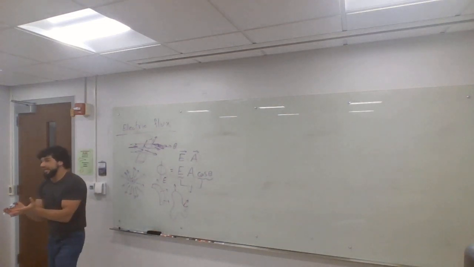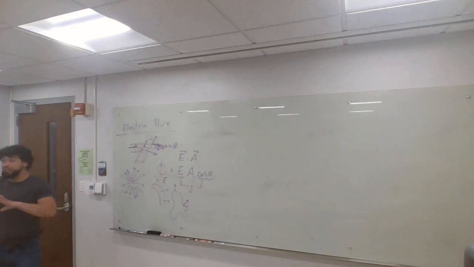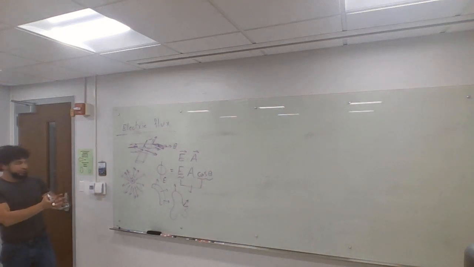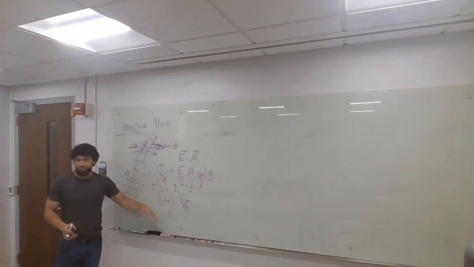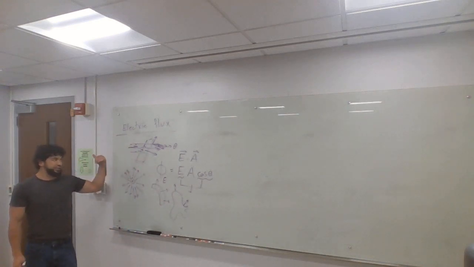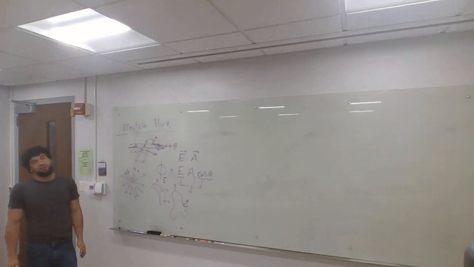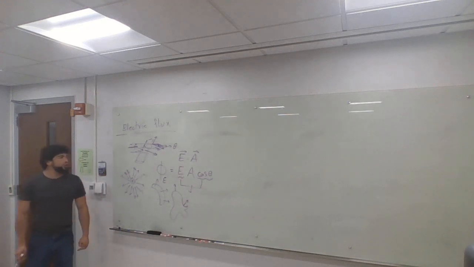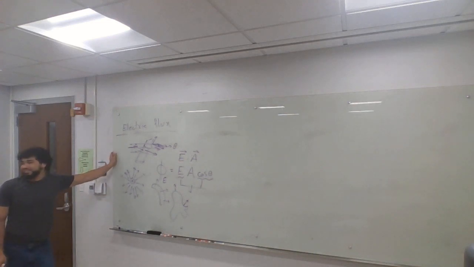But if it's a closed area, every point on that area should be outwards. That's the direction of the area. If it's not closed, only curved, it should be outwards in that way. If it's a sheet, it can be in that direction or that direction. We take the one that makes an angle of between 0 and 90 degrees with the electric field. Is that clear?